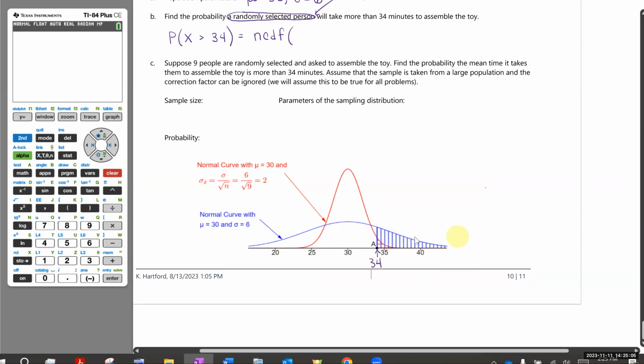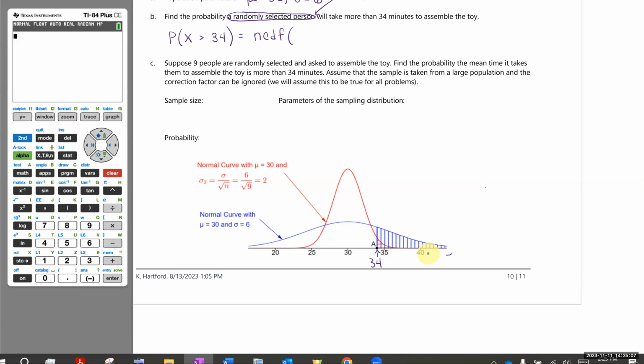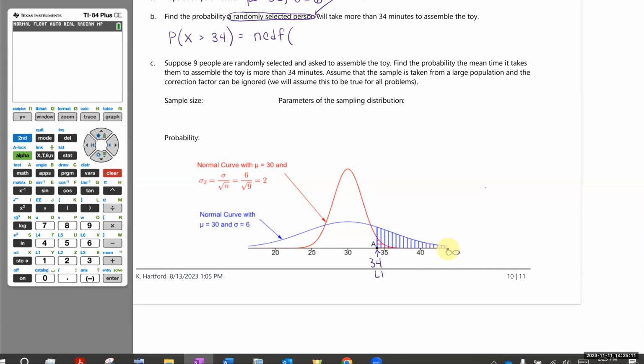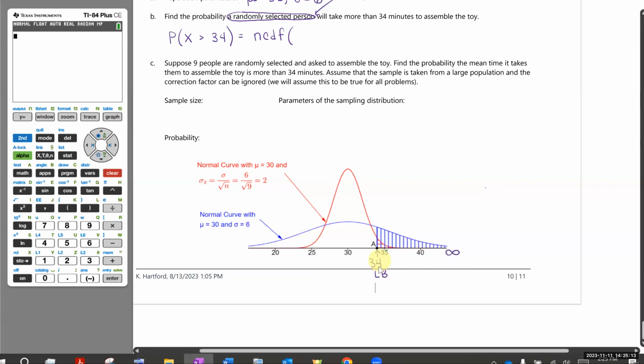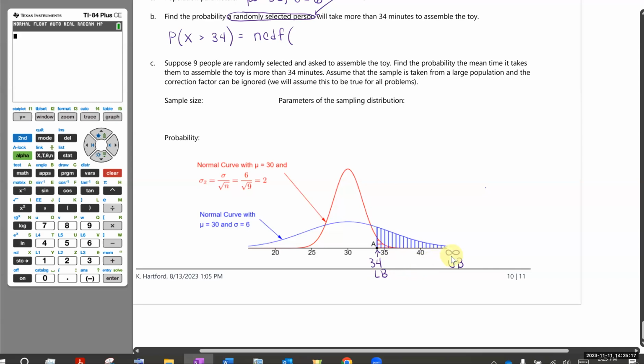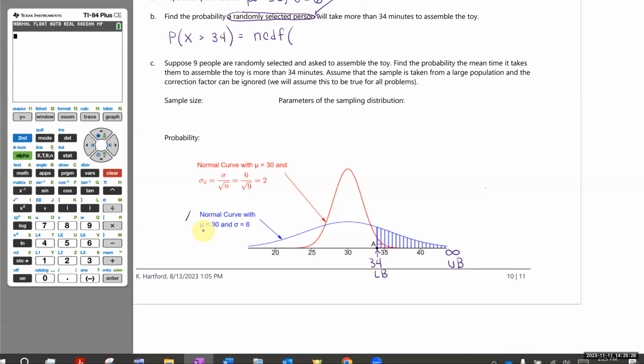So greater would be to the right of it, in theory, to the right forever. So on our calculator, we'll be entering the lower bound first, 34, and then our upper bound will be our infinity substitute. Okay, so this graph, my blue one here, is the original normal curve, so that variable is x.